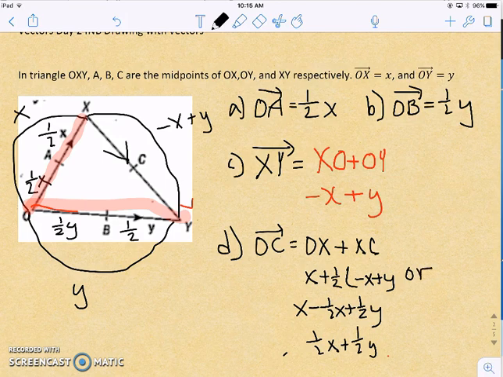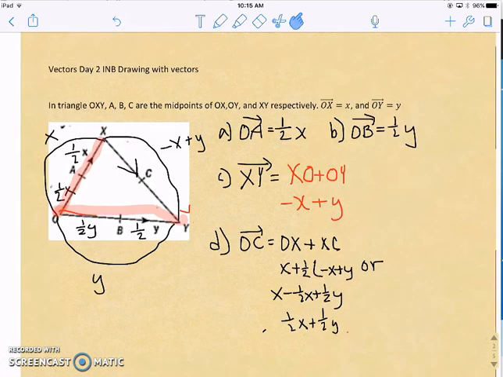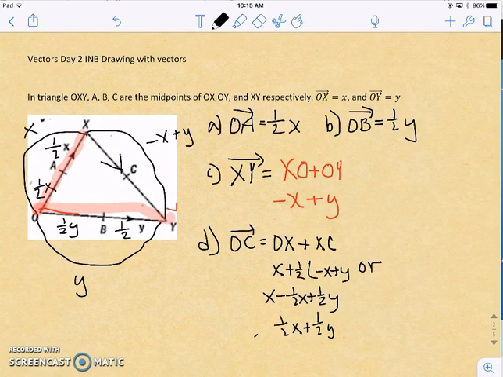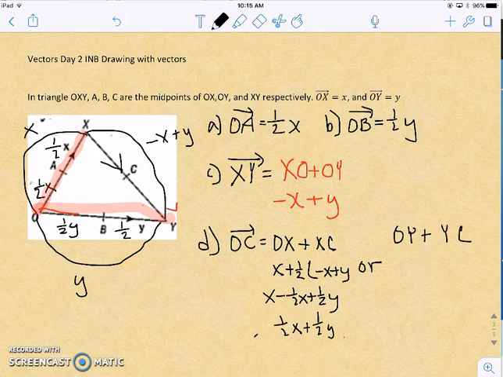Or some of you were saying, well, O to C, couldn't we go O to Y plus Y to C? And we could definitely do that. O to Y is Y, plus, but we're going against X to Y. So if we were to go Y to X, it's going to be half, but it's the opposite of this, so that would be X minus Y, because we're going the opposite direction.